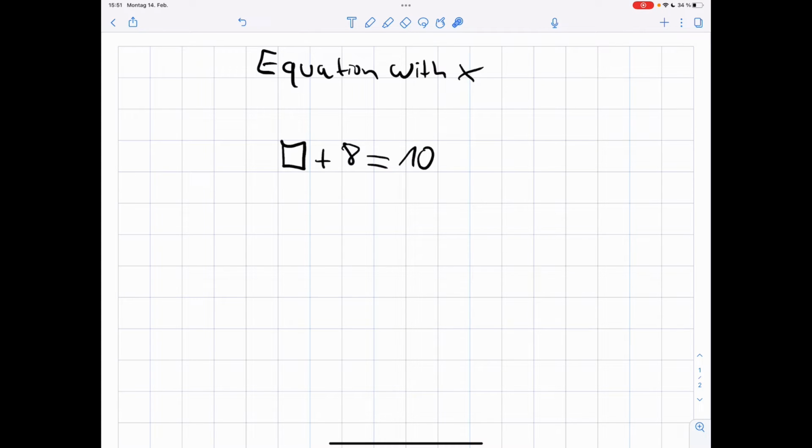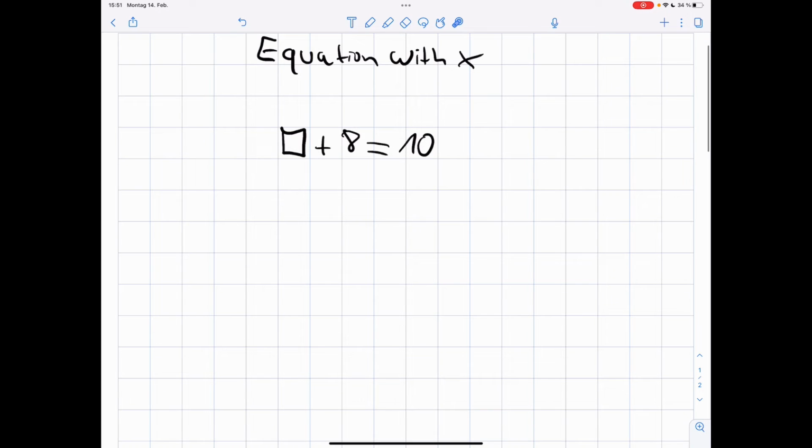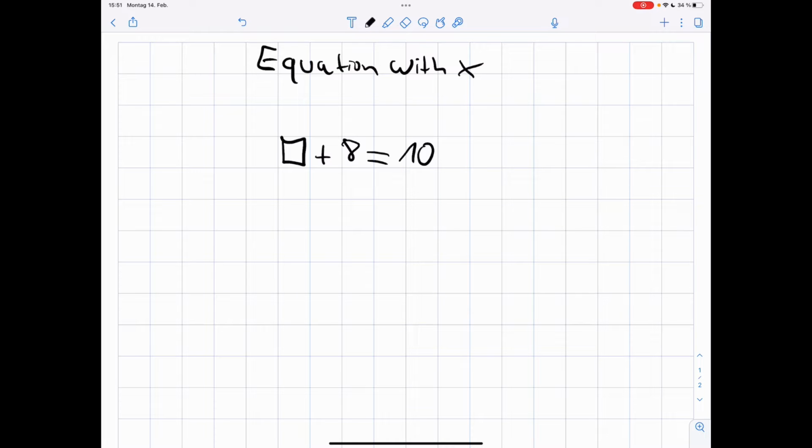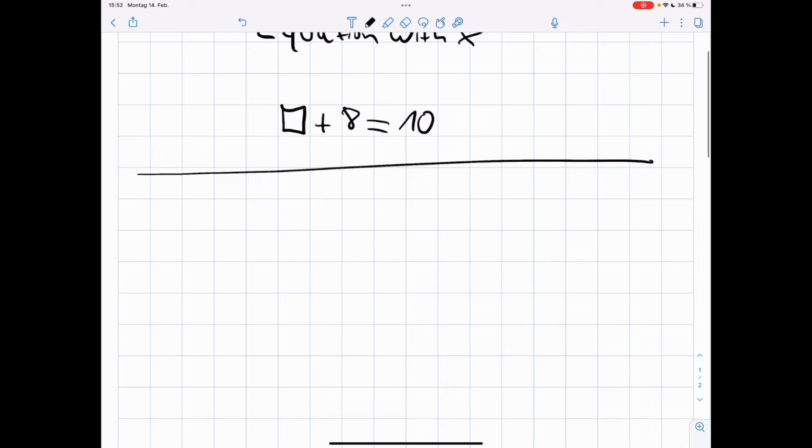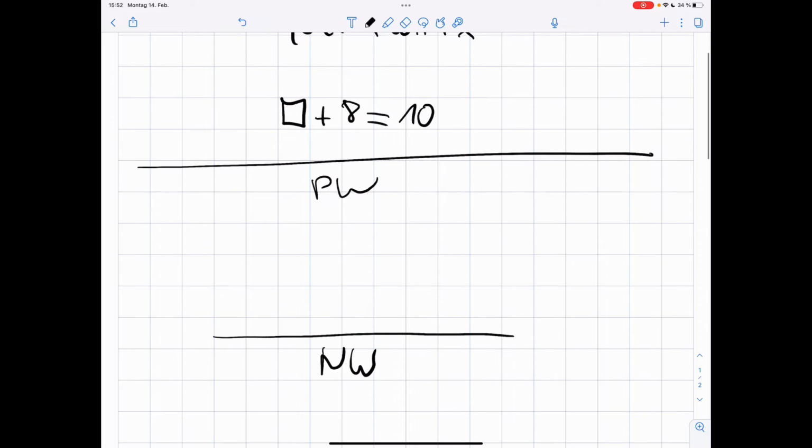Another way to look at it is, as we know from our parallel world model, right? We have the parallel world on top, and at the bottom the normal world. This is an idea from the start video, and it's also an idea from the video concerning the variable.